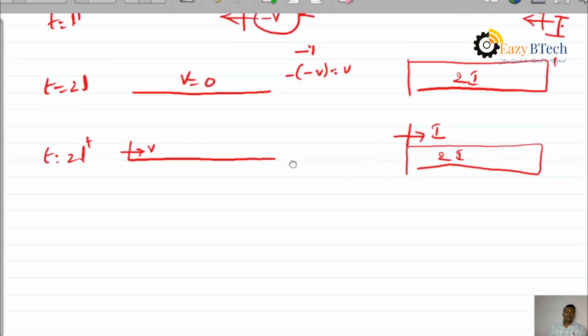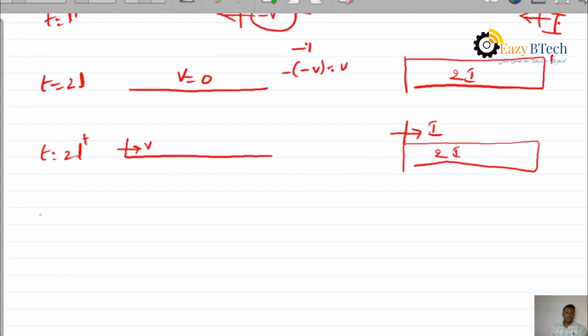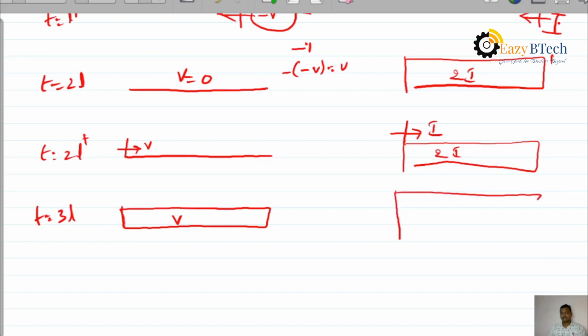What about the waveforms when it reaches 3L? At t equal to 3L, the voltage in the line is V and the current in the line is 3I. Again it is reflected back. Keep in mind, this is the transmission line.